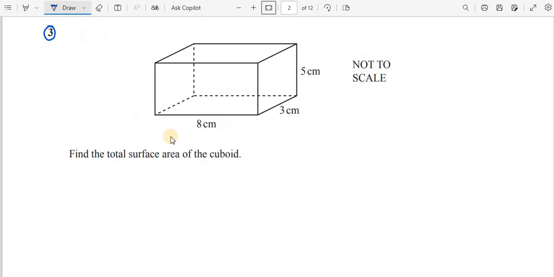Question number 3. This is a cuboid. Find the total surface area of the cuboid.